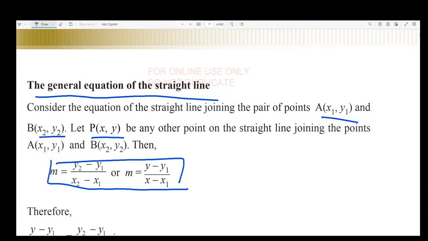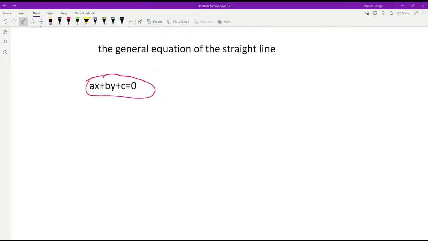So I will just go straight forward to deriving the equation where you're going to see the general formula for a straight line like this one.